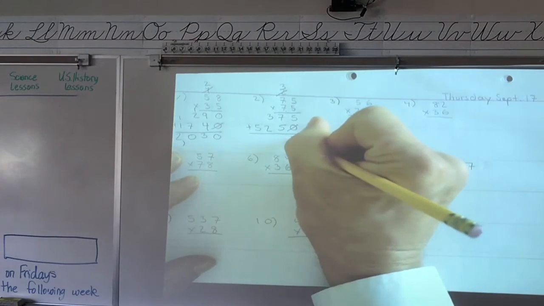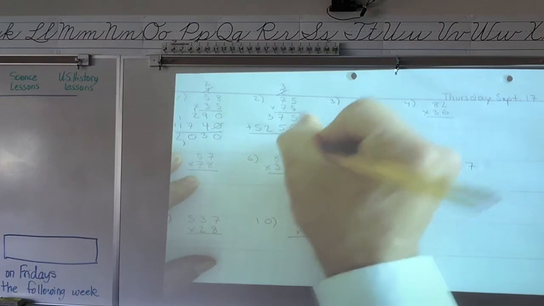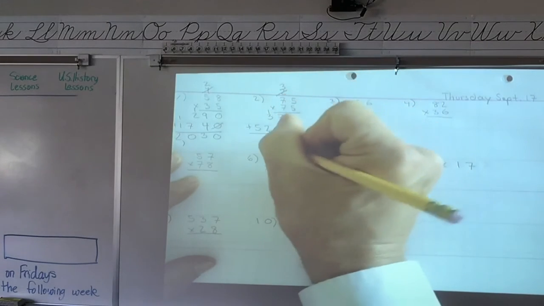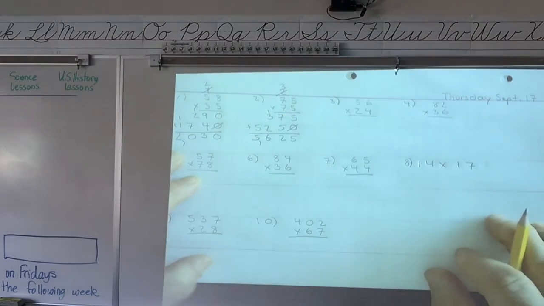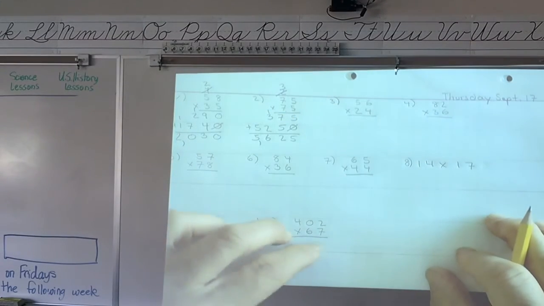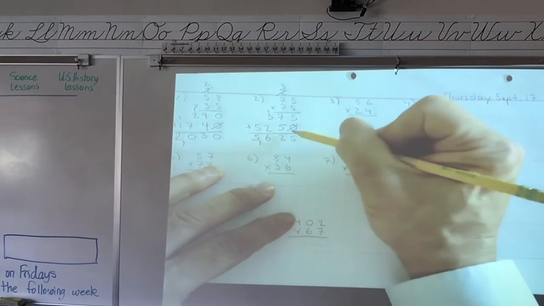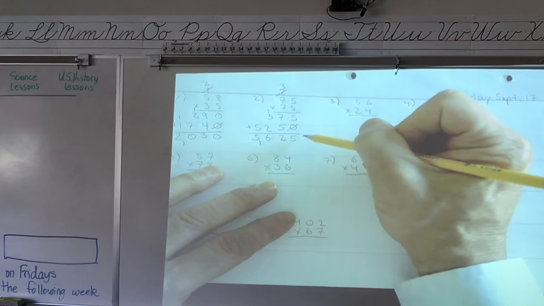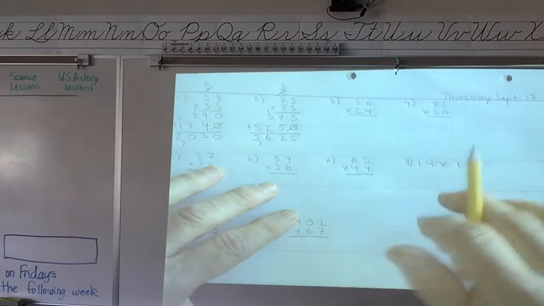And I get 5, 12, 3, 4, 5, 6, 5. So I get 5,625. Again, if you get it wrong, put a diagonal mark through your number, but see which, maybe it was just one line that you got wrong, and you can kind of figure out why maybe.